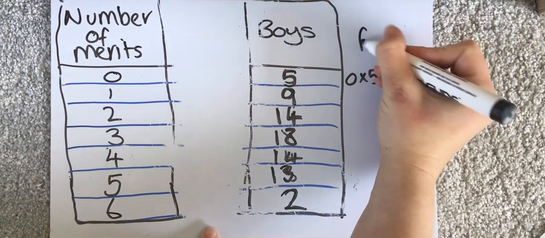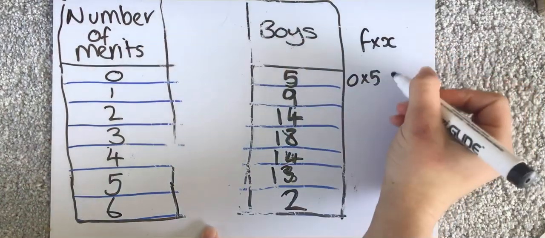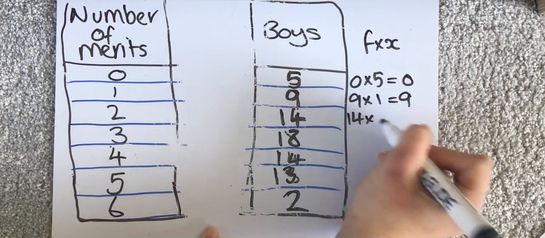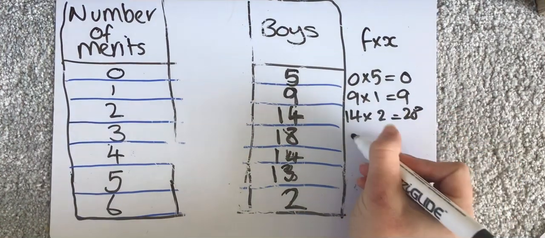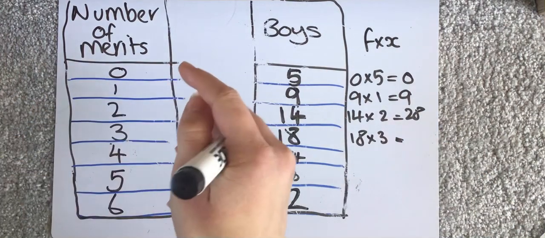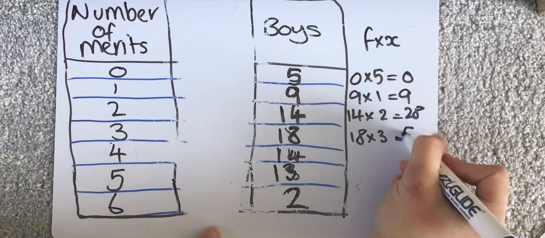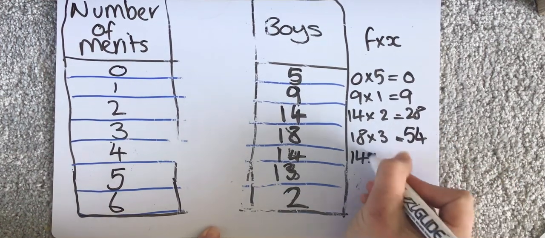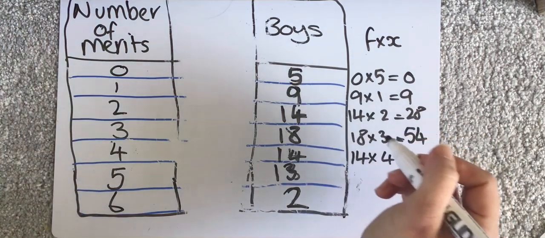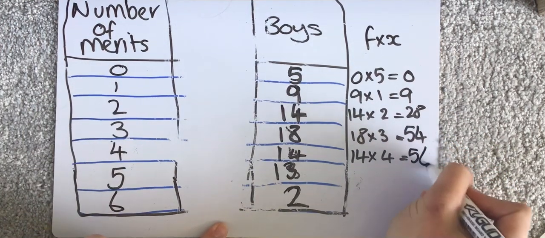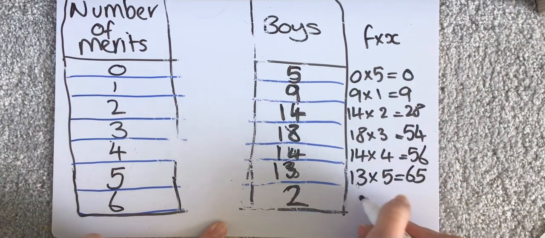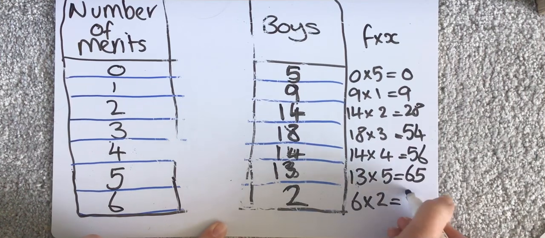So my F times X, or in this case, I'm now doing boys times merits, which is 0. 9 times 1 to get 9. 14 times 2 to get 28. 18 times 3 to get 54. 14 times 4 to get 56. 13 times 5 to get 65. And 6 times 2 to get 12.